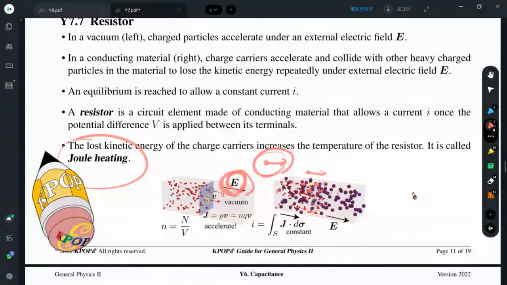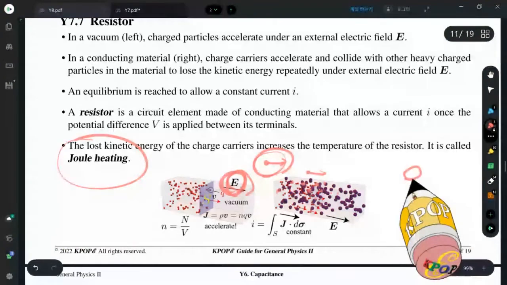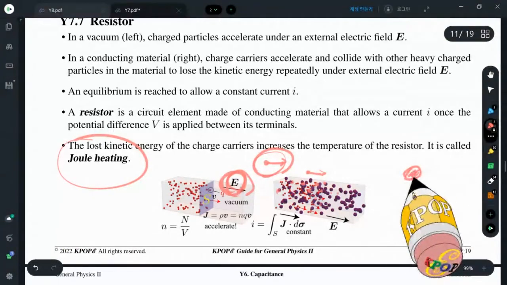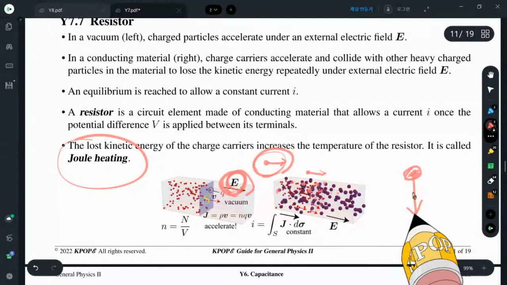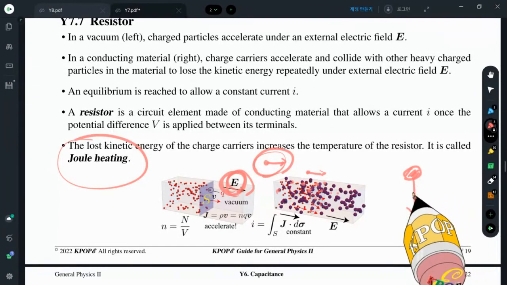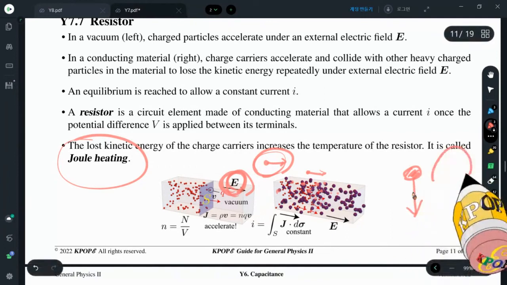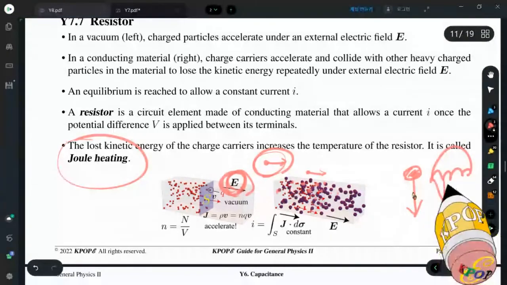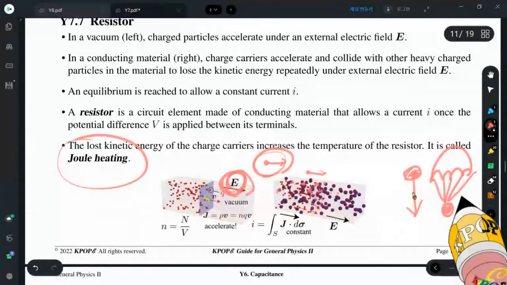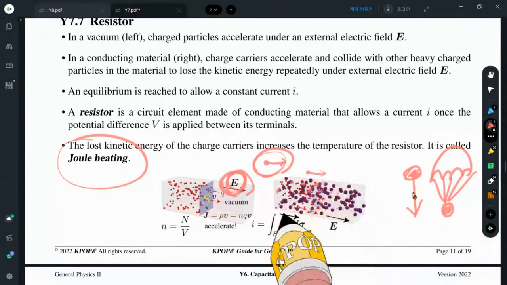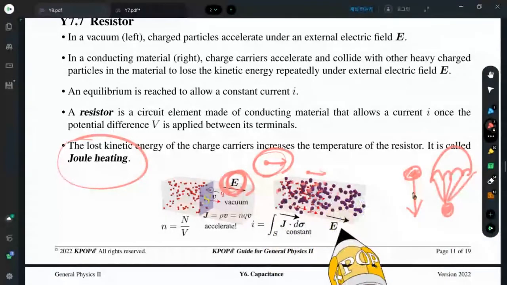It's called Joule heating. In addition, if you pull something under gravitation, usually particles accelerate, but it is impossible to have infinite velocity. Just like a parachute, it would reach a terminal velocity. That is a similar situation here.